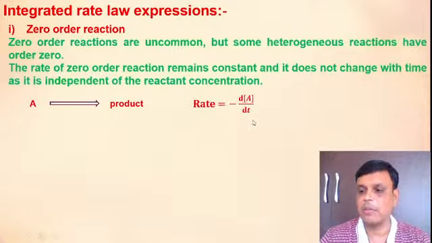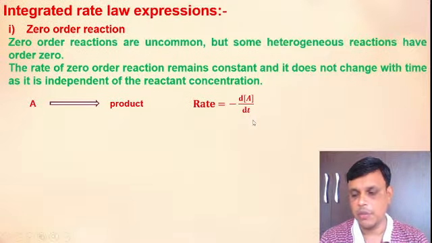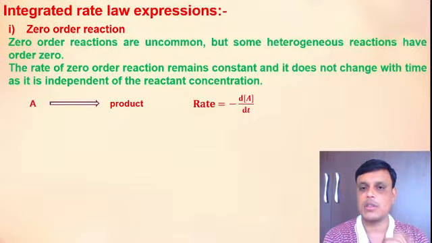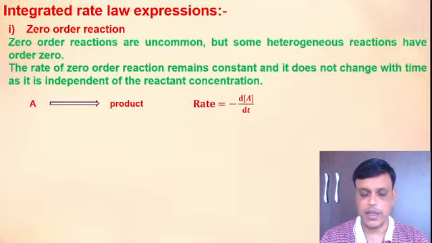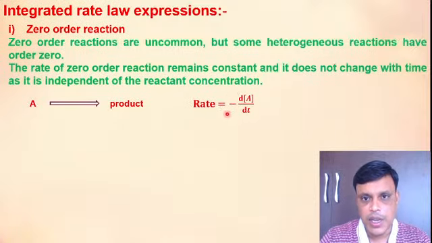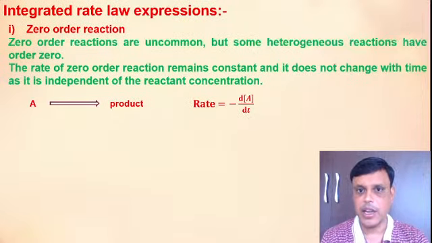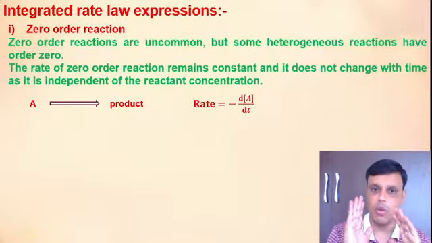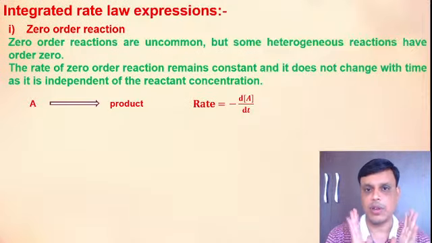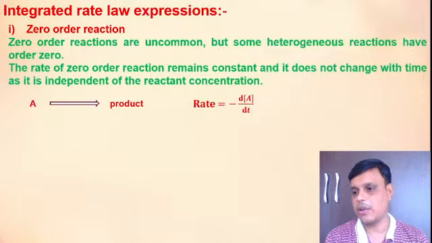Why d by dt? Because a very small change in concentration of reactant A takes place. And why the negative sign? The negative sign indicates the concentration of reactant A goes on decreasing. So in this way you have to write the rate.